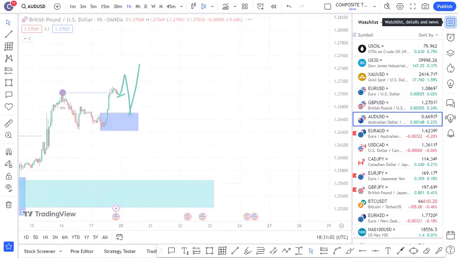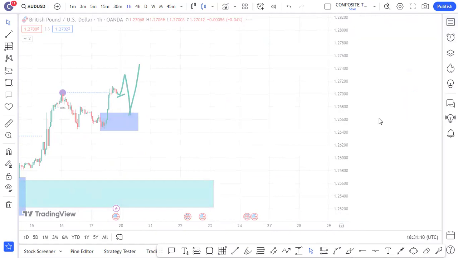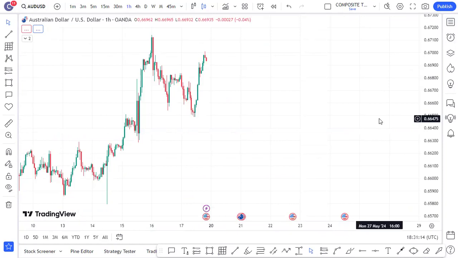On AUDUSD, we also know that the pair is very bullish. AUDUSD daily time frame. Let's check on AUDUSD daily time frame, and you see what is there, right?